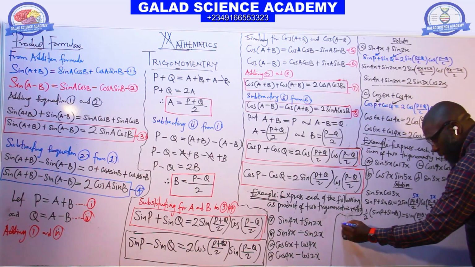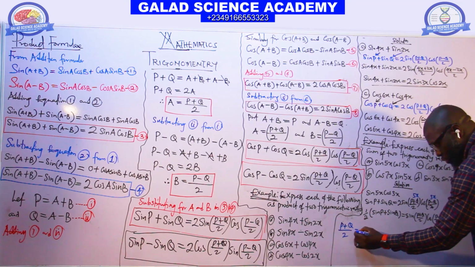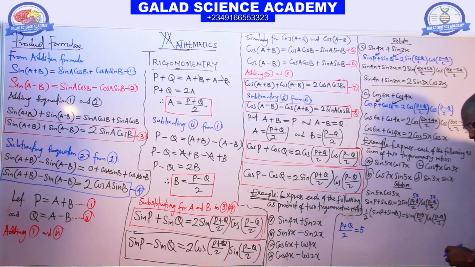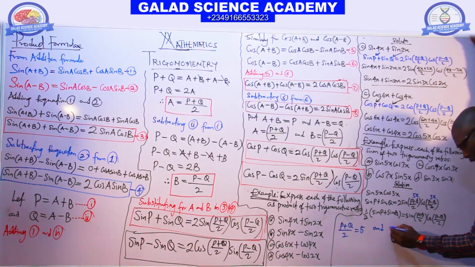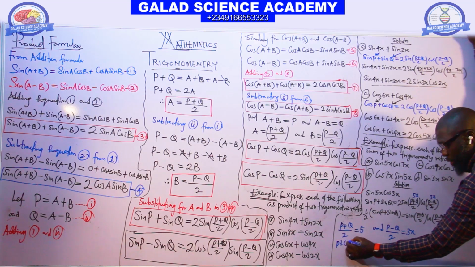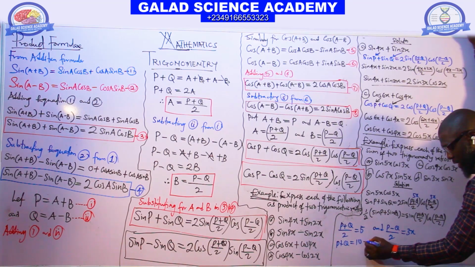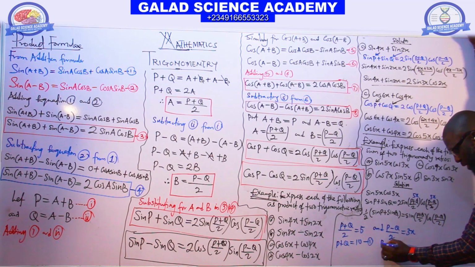Can I say P plus Q over 2 equal to 5x, and P minus Q over 2 equal to 3x? Cross multiplication here, what do we have? P plus Q equal to 10x, equation 1. And P minus Q equal to 6x, equation 2.